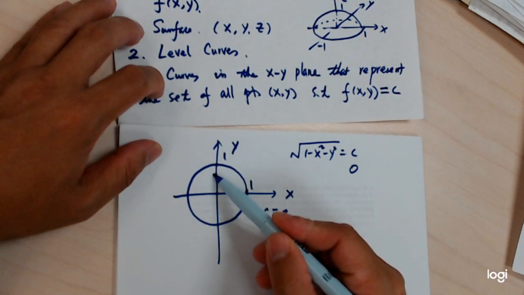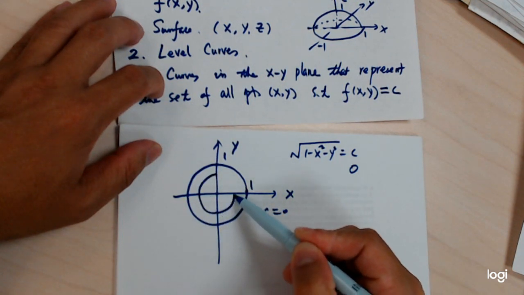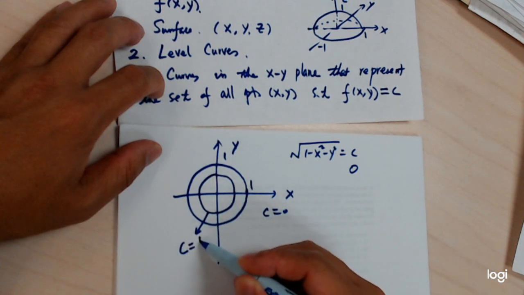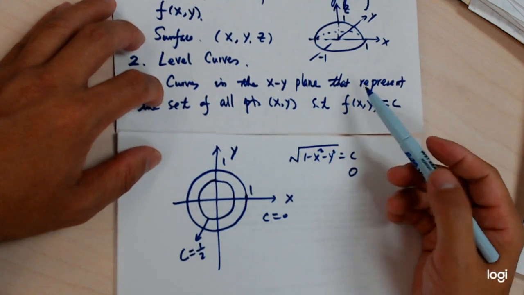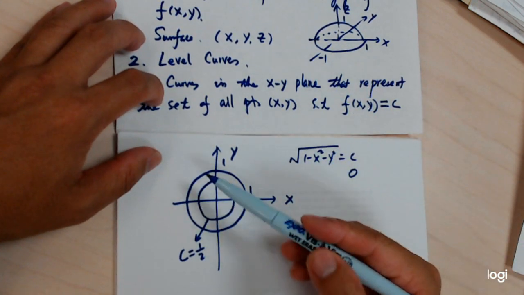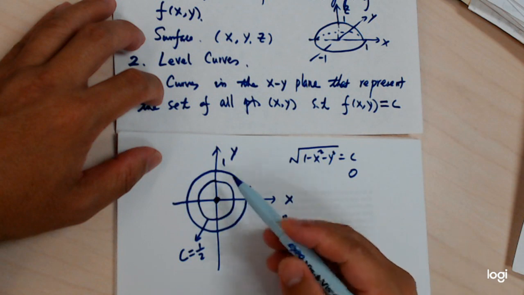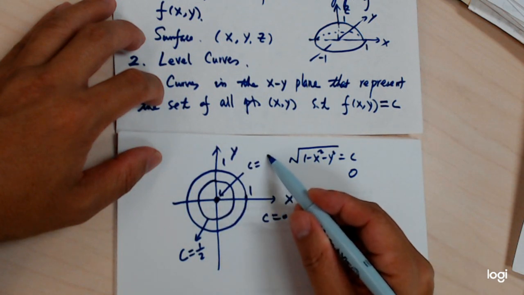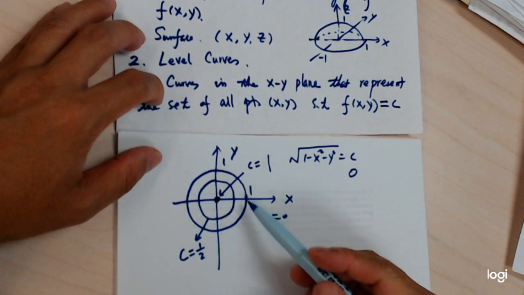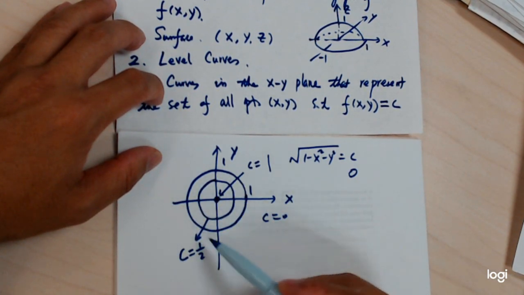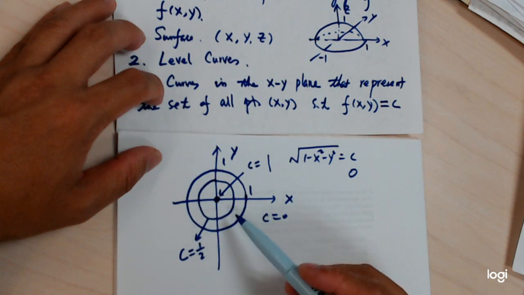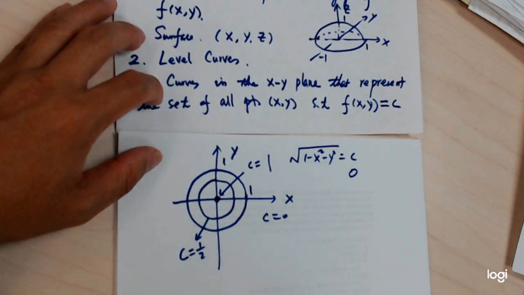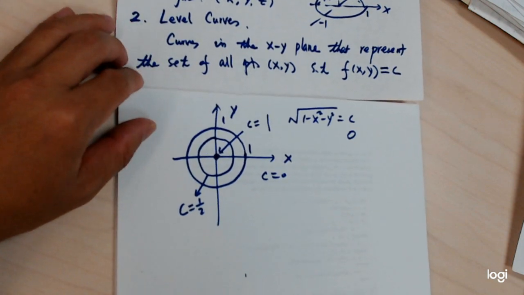Somewhere inside there is a smaller circle where the function's value increases to 1/2. If you move further inside, at the origin, that's a single point where the c value is 1. So along this circle the z value is 0, and it gets bigger as it moves inside. So that's the second way.